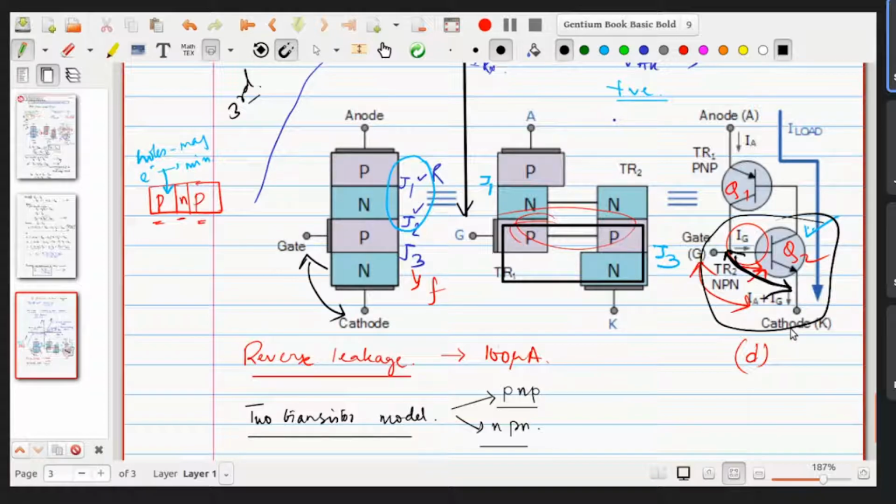But when this gate current is increased sufficiently high, even with a small value of anode to cathode voltage, it can set the forward bias of the transistors. That means the base emitter junctions of Q1 and Q2 will be sufficiently forward biased, so this can turn on.